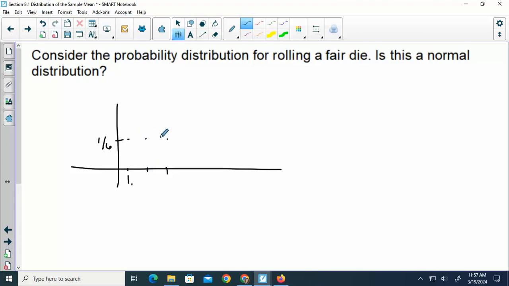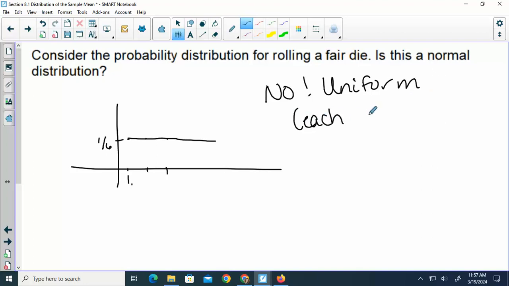What kind of distribution has everything with the same probability? Uniform. This is uniform, because everything has the same probability. But then I want to show you something on the next one.